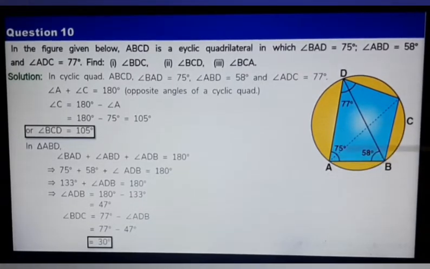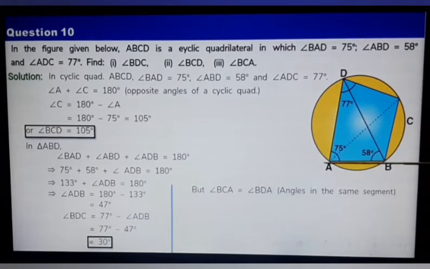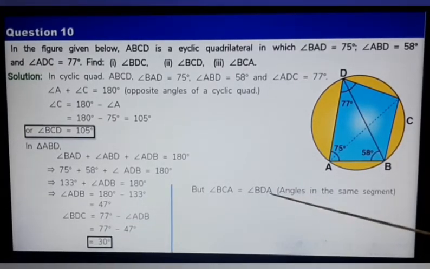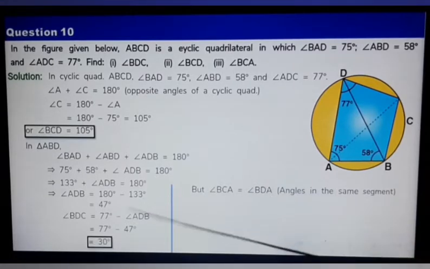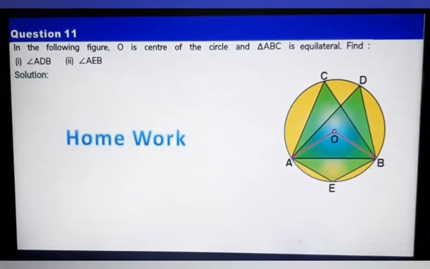So that's why ADB and BCA both will be equal to each other, because they are angles in the same segment AB. We know the value of BDA or ADB, right? ADB turned out to be how much? 47 degree. So my value for BCA will also be 47 degree. So pause the video to note down. Kindly try this problem also at home.